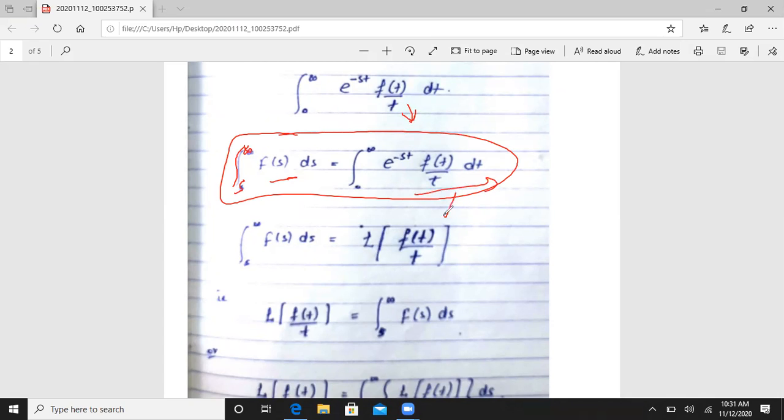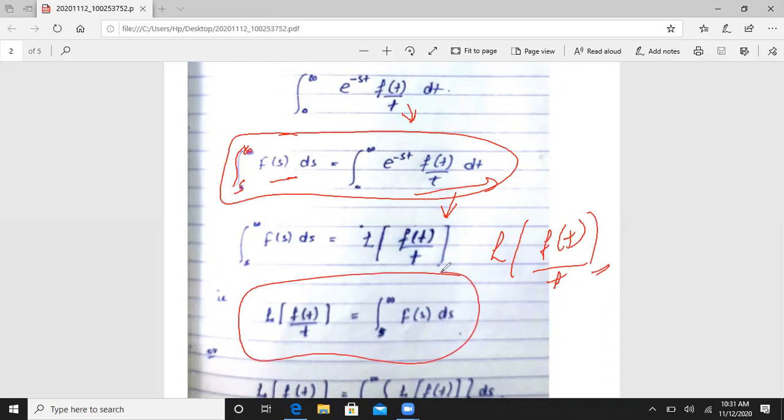This function we also write as the Laplace transformation of f of t by t. So hence this is our answer: Laplace transformation of f of t by t is equal to integration over s to infinity f of s into ds.